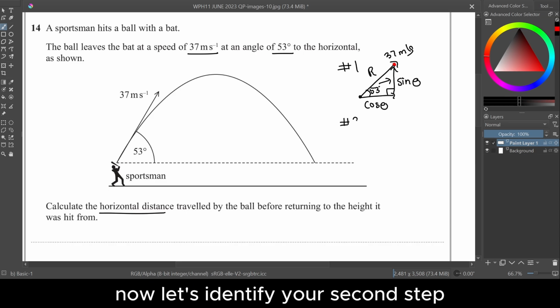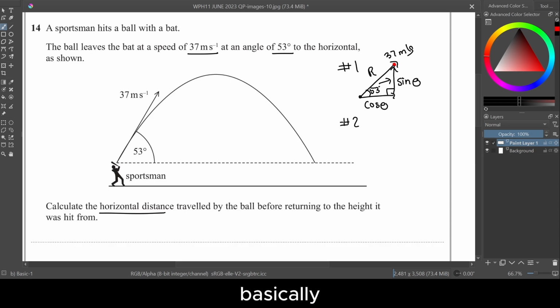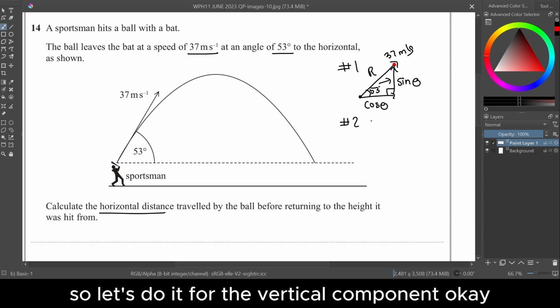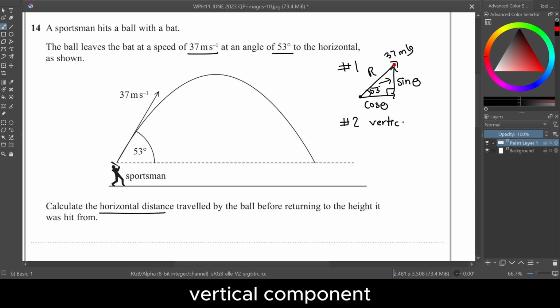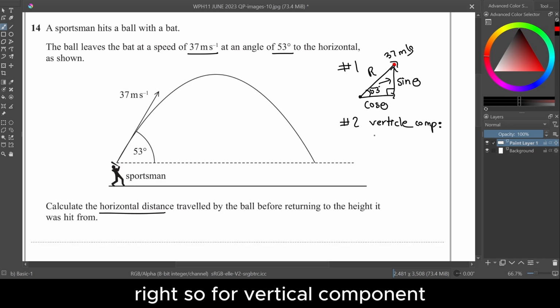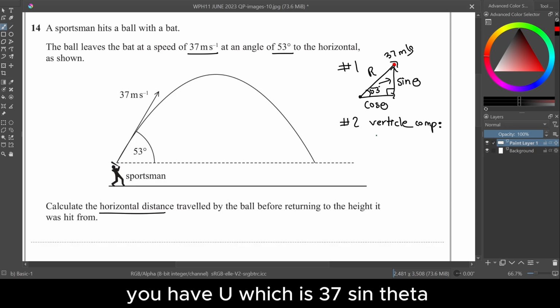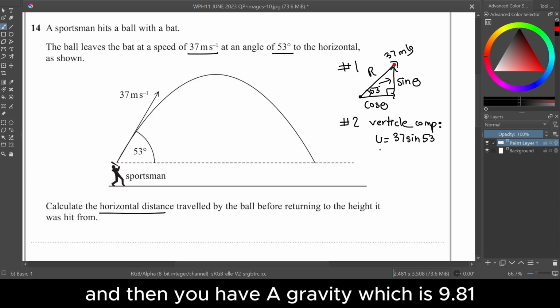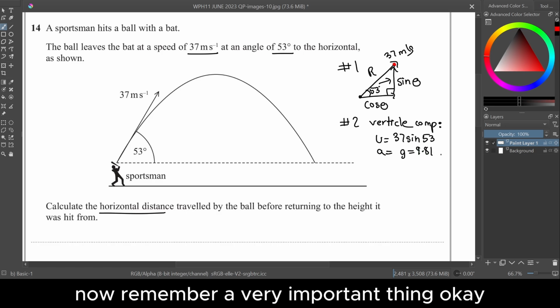Now let's identify your second step, basically identifying the values that you have been given. So let's do it for the vertical component. Okay, vertical component, right? So for vertical component, what do you have? You have u, which is 37 sine theta, the angle is 53, and then you have a, gravity, which is 9.81. Now remember a very important thing.